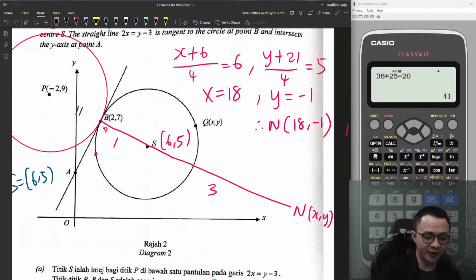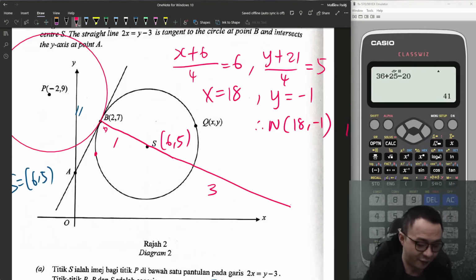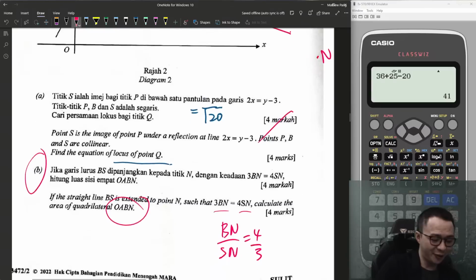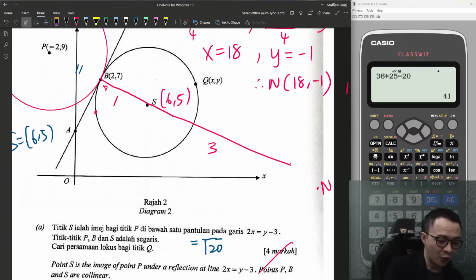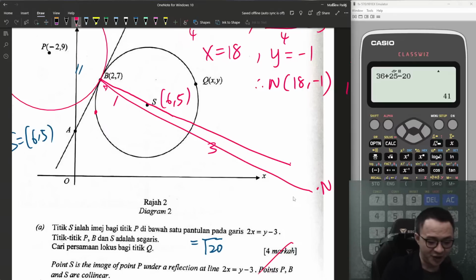According to the coordinates, N will be slightly at the bottom, going to -1 already. Just imagine N is somewhere here. So then we want to find OABN, some weird shape here. It doesn't matter how the shape looks like.